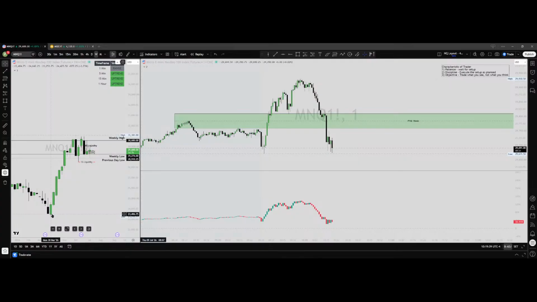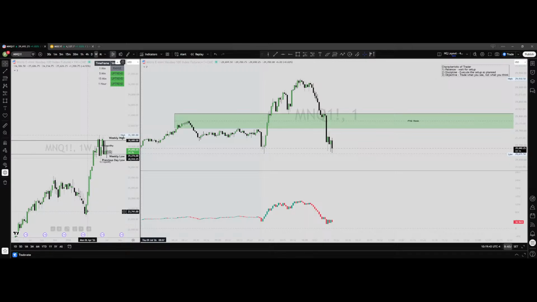Yeah, Monday 30th March, somewhere closer to here. What's this rally? One, two, three, four, five, six... 9 weeks of consecutive buying going on. Only 1 week was red.